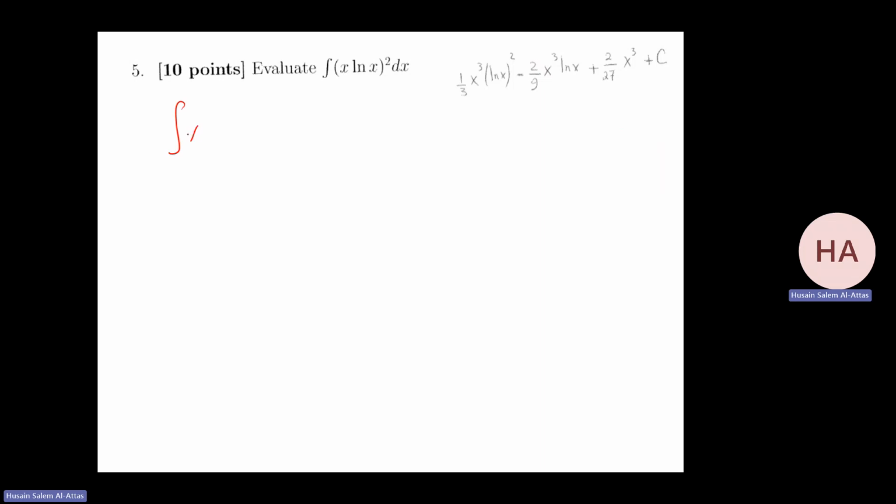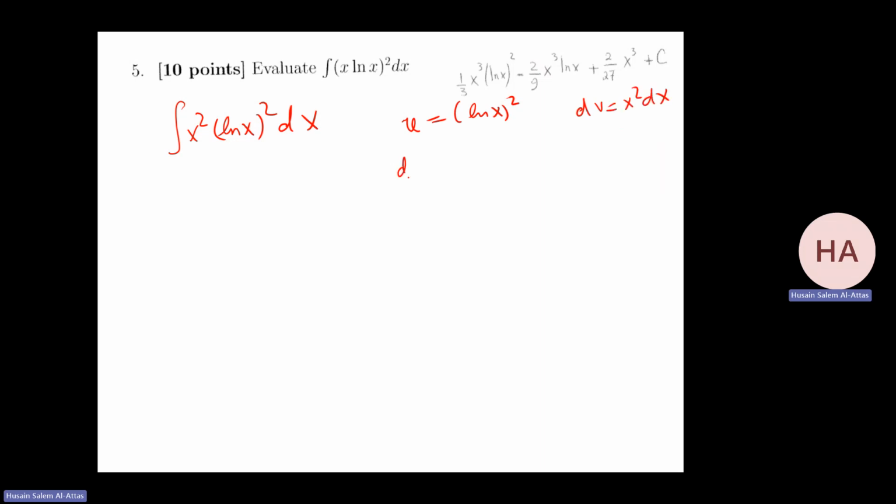That will be x squared, then ln x all squared dx. I think this will be better. So u will be ln x all squared, and dv will be x squared dx.